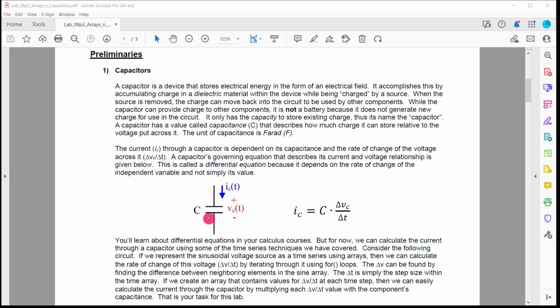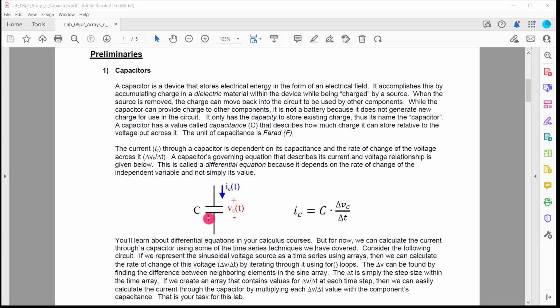It has a unit called farads, and Farad was a person, so we can say this thing has 0.1 farads, or microfarads, millifarads, etc. The farads basically represents how much charge it will store when you put a voltage across it.